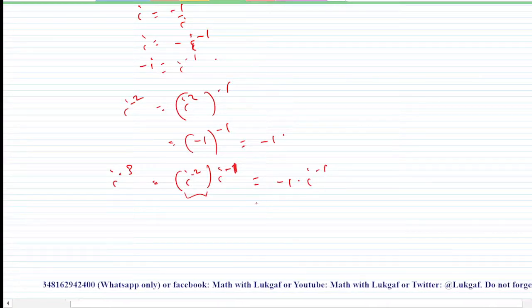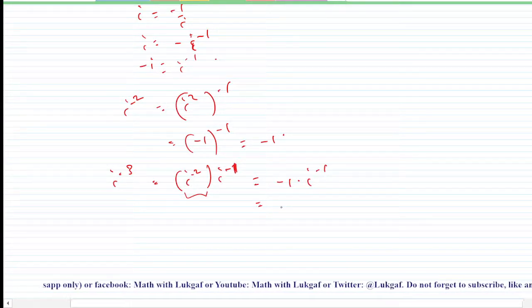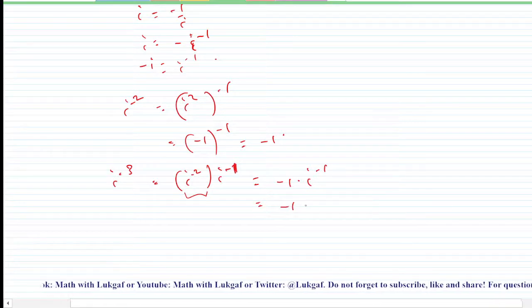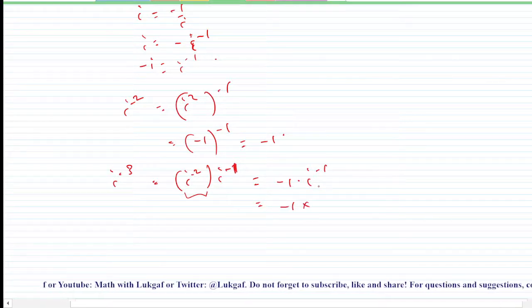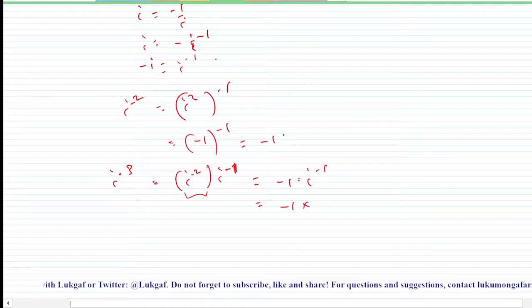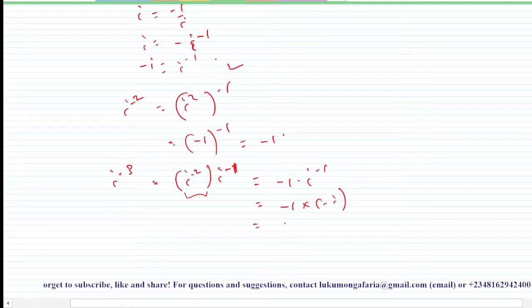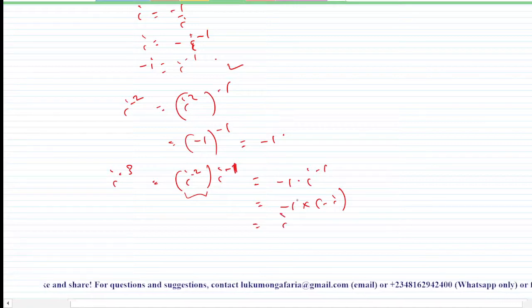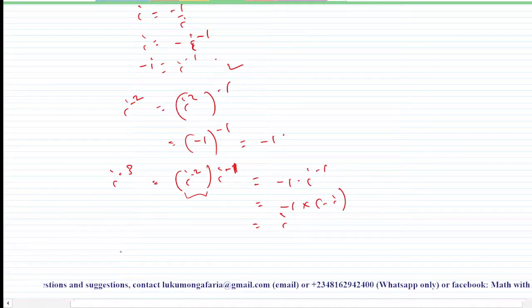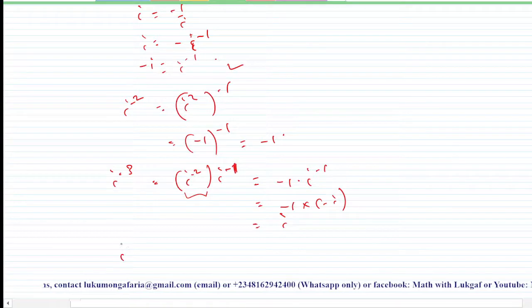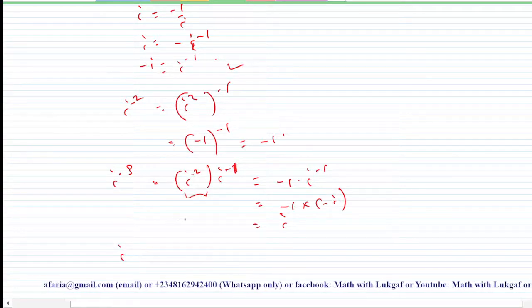You understand now? Then I'm going to have minus 1 multiplied by, don't forget, i raised to minus 1, which is minus i. And this is going to give me i. It means your i raised to minus 3 is equal to i. It is not difficult. We'll be using this in subsequent videos.